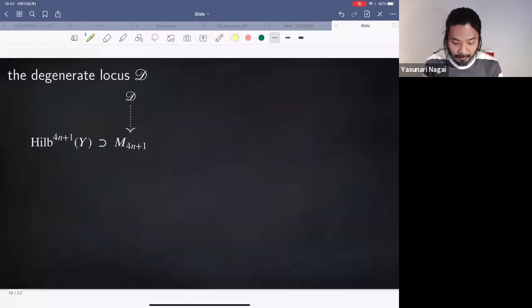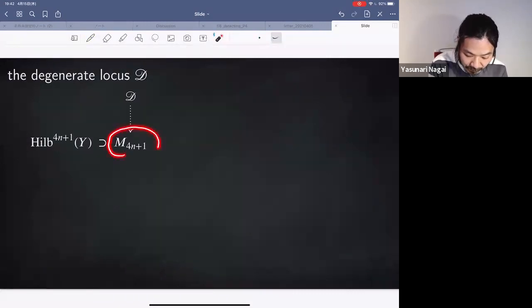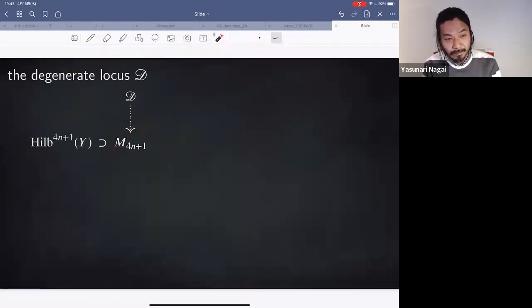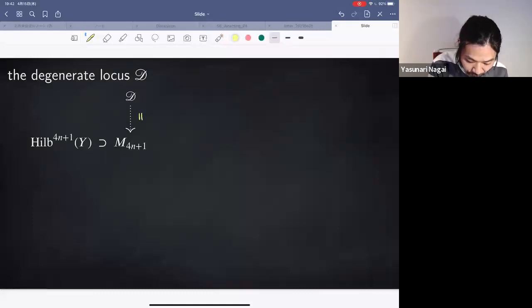And then we can summarize this construction. We consider the moduli space of rational normal quartic curves on Y. Then it is rationally a P2 fibration.